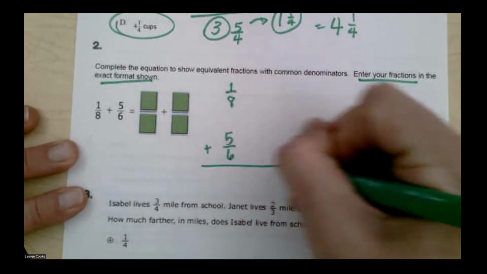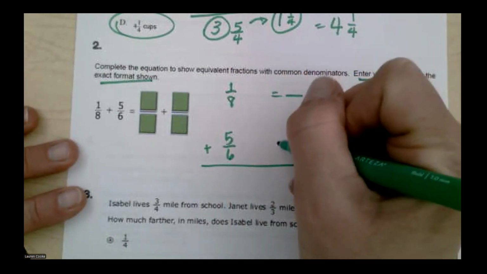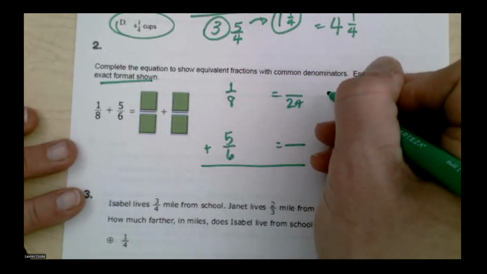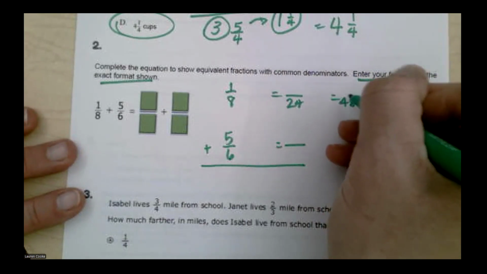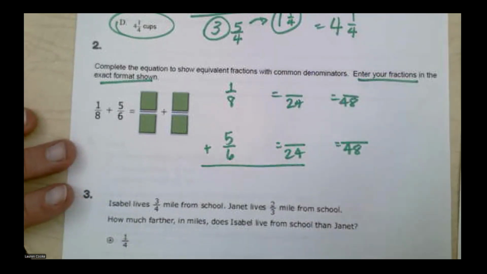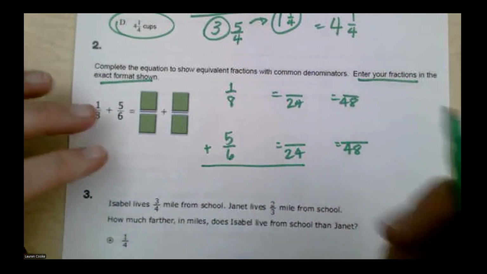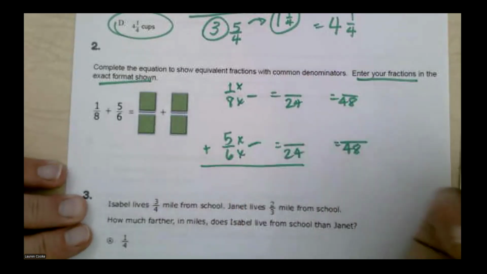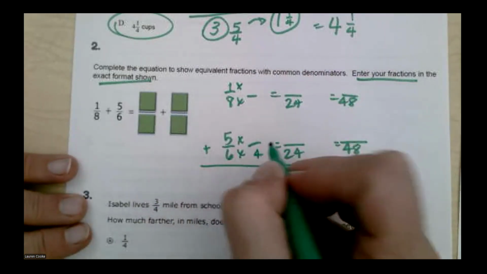So that means that, yes, I'm trying to add them, but I need a new denominator. So I'm thinking like 24. You could also have 48. Either way, you can keep going, 72, blah, blah, blah. Okay, so let's set the table, times fraction bar. 24 divided by 6 is 4.